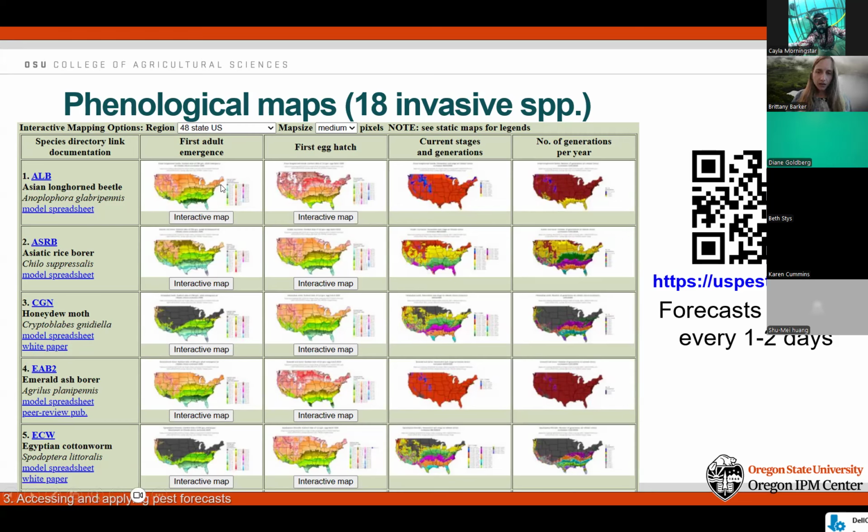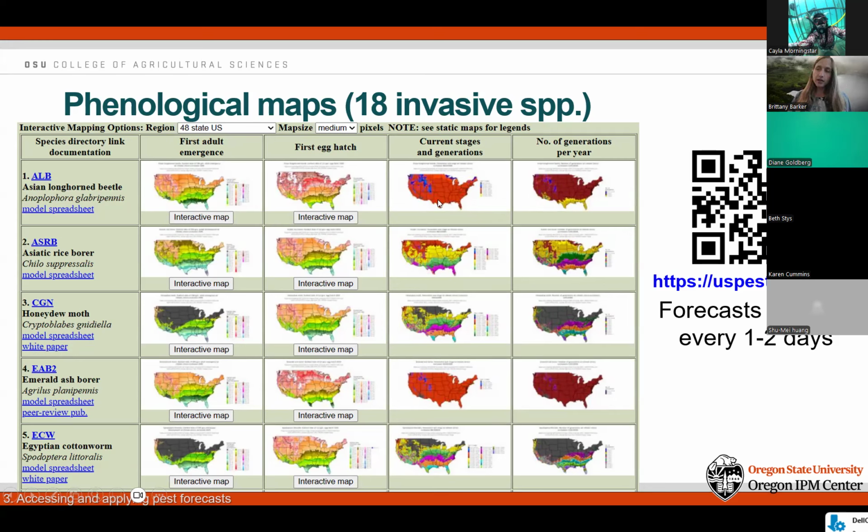The remaining columns, as I said, are thumbnails of some of these important phenological events. First adult emergence is the second column, first egg hatch is the third column, and then the fourth column is current stage and generations. This one shows if you walked outside today, what life stage would you likely see and what generation would it belong to?